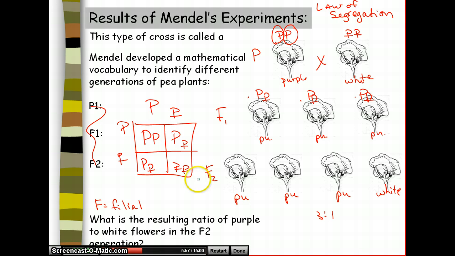When Mendel segregated his alleles into his boxes, he realized that he got purple, purple, purple, and white. One of these purples is big P, and you don't know which one, but it doesn't matter. Two of the purples are big P, and the white has to be little p, and that's how he gets his ratio.